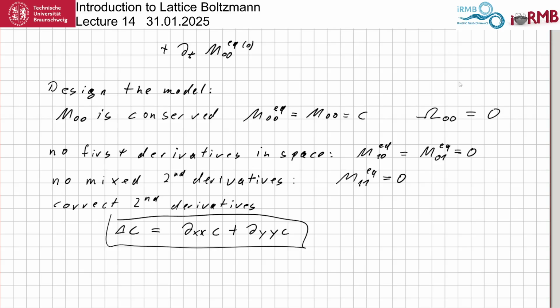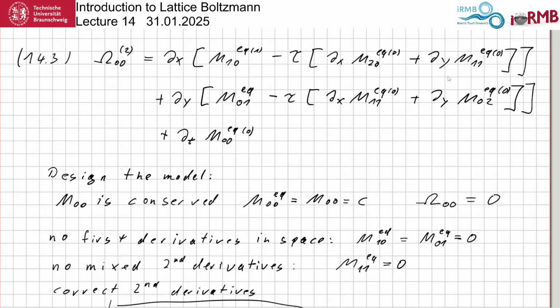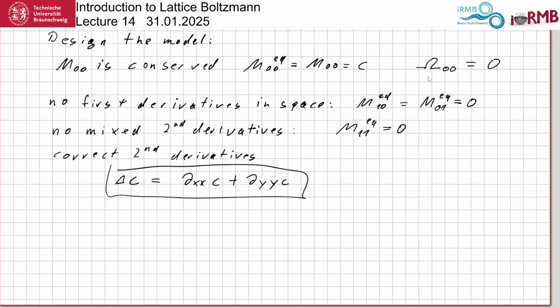This means that because they have the same tau in front of them, these two guys need to be the same, and they need to be proportional to C because we have the derivative of C. So what we are going to do is we propose that M02 equilibrium is M20 equilibrium is equal to theta times M00, but we don't know, there could be a prefactor.